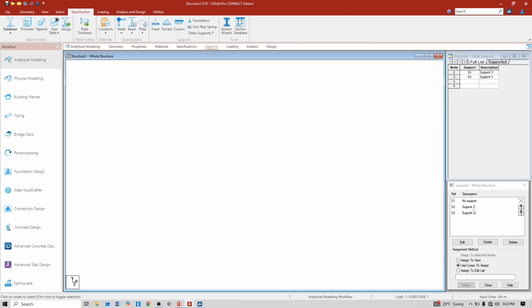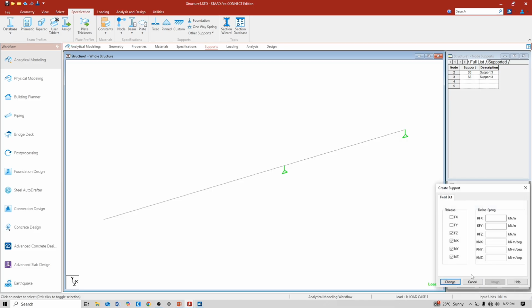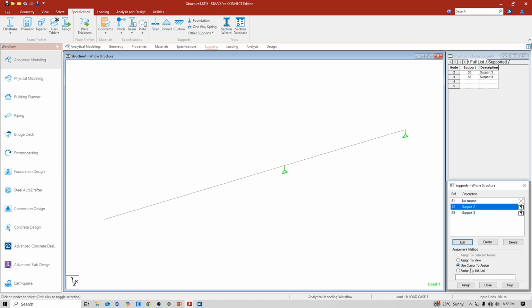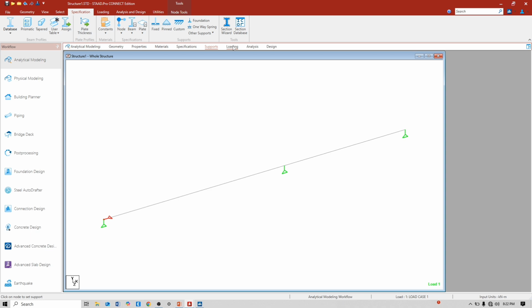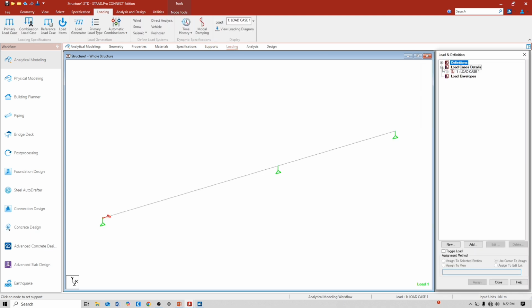Go to support, go to support 2, use cursor to assign. Yes. Now loading. It is 60 kN GZ at a distance of 4 meter and assign to selected beam.